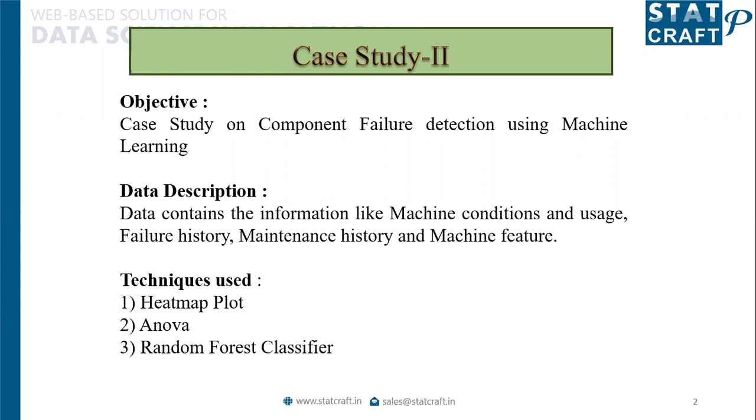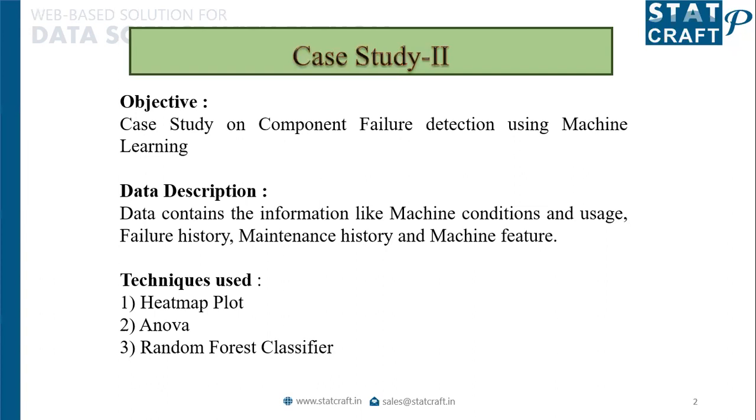In this particular slide, we will be covering three major items. One is, what is the objective of the case study? This case study is all about component failure detection using machine learning. What is the data that we have?